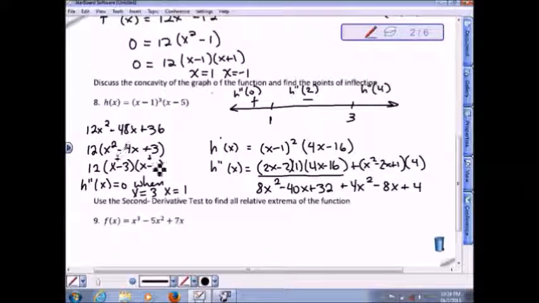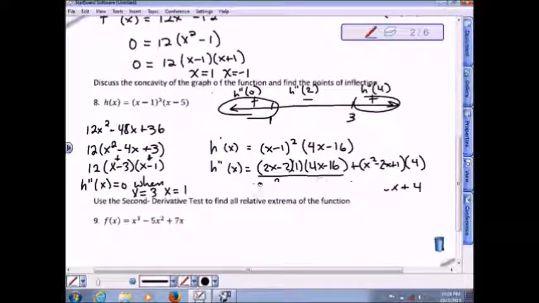And then 4 minus 3 is positive, 4 minus 1 is positive, positive times a positive times 12 is positive. We have a region now where we know the graph is going to be concave up here and here.